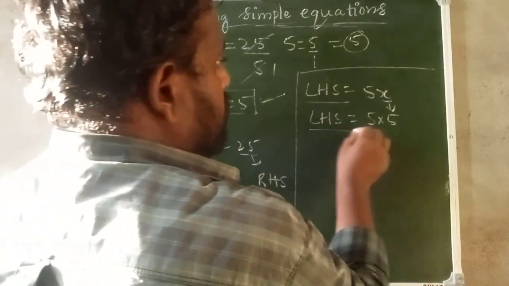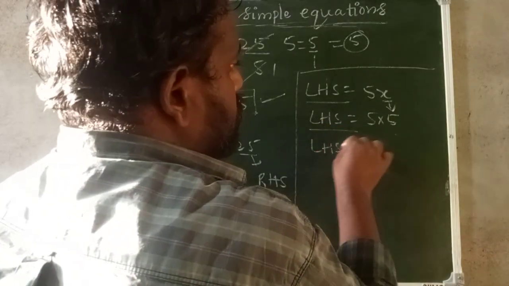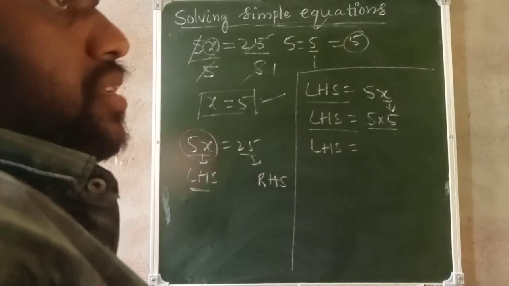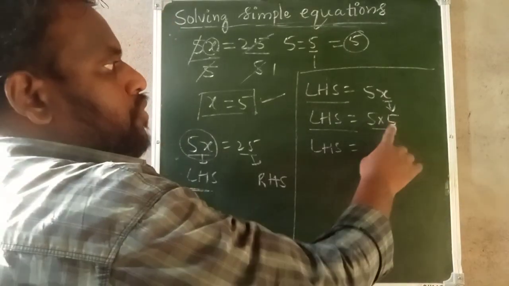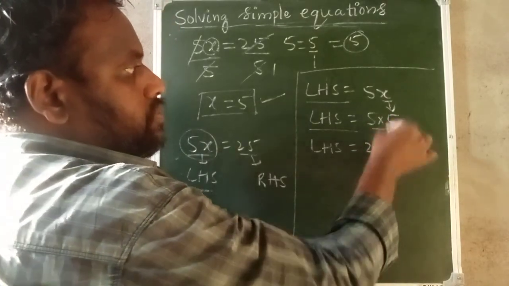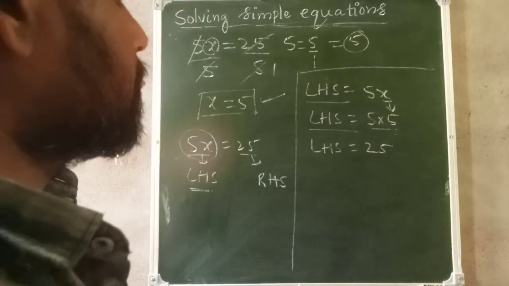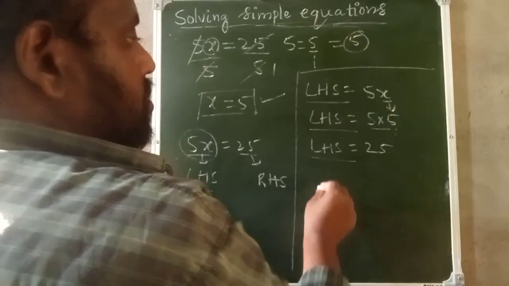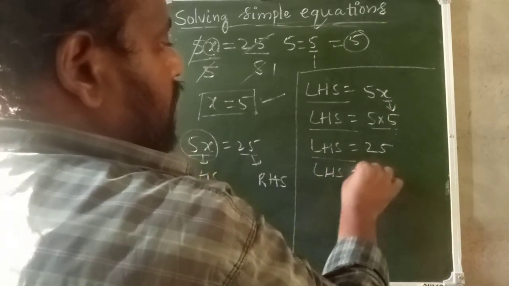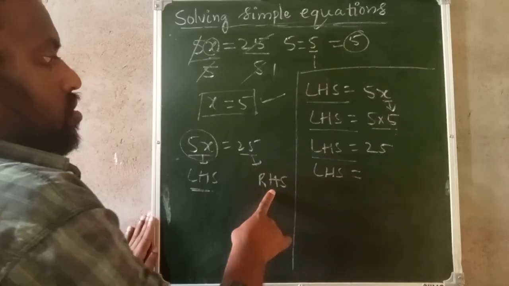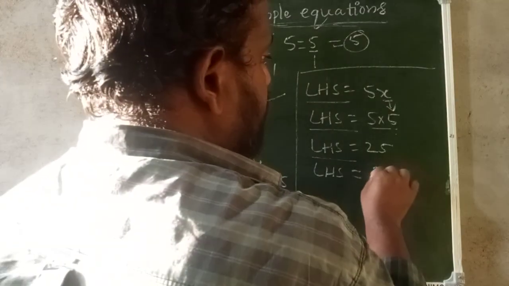So next, LHS is equal to now 5 into 5. 5 into 5 means what? 5 fives are 25. Next write this entire thing. LHS is equal to, so 25 is RHS. So in place of 25 I will write RHS.